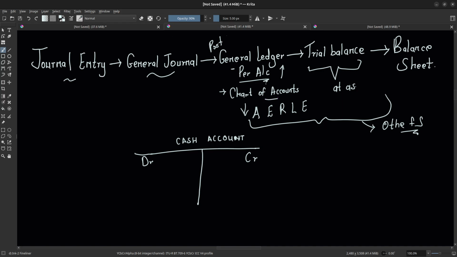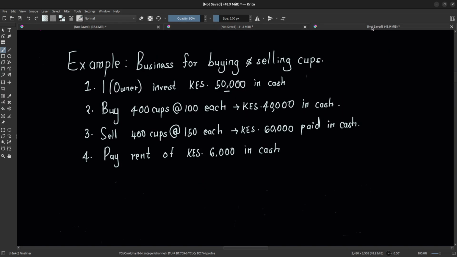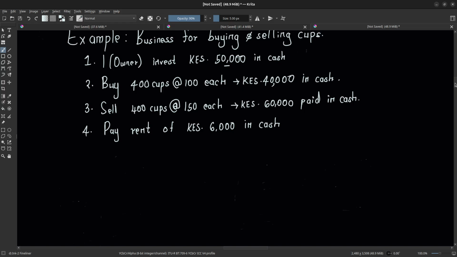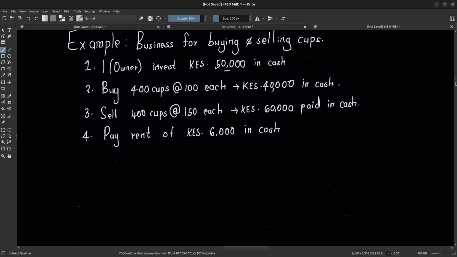So let us look at an example so you're able to understand what usually happens behind what you can see in the back end of these software.